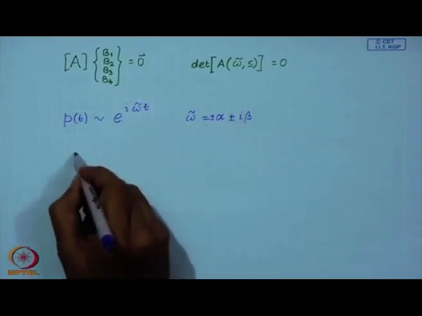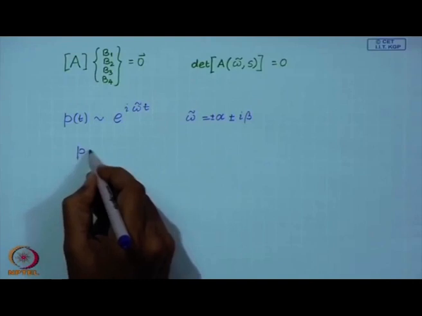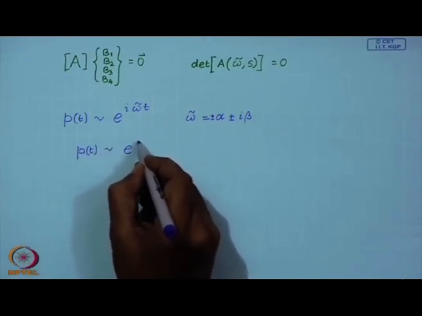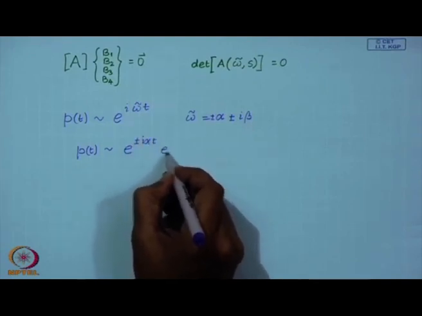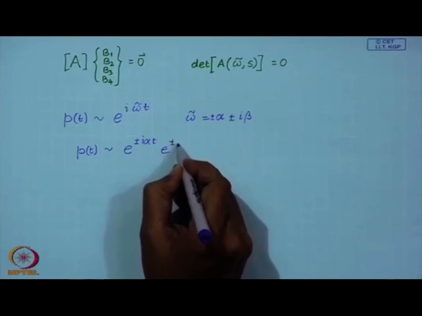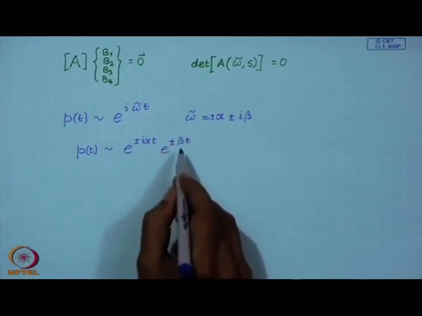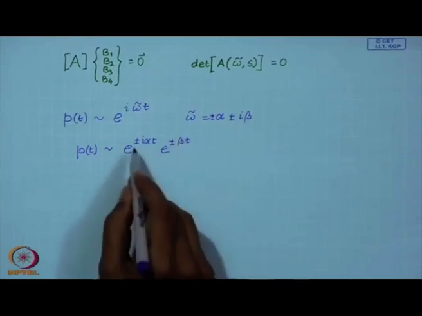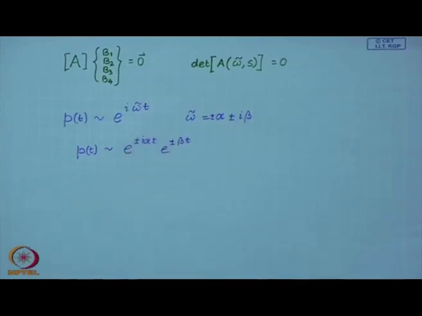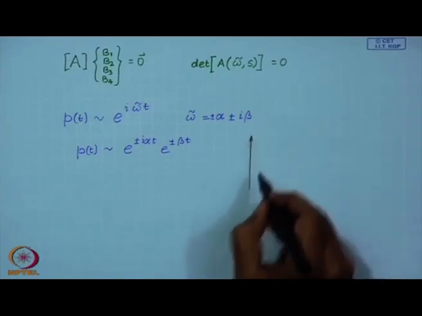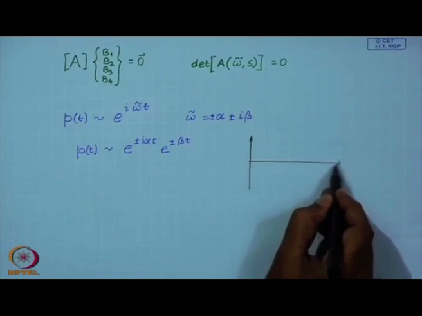So, if you consider this solution, you have solutions like this: an exponential term along with a fluctuating component. Which means the solution will look like this.